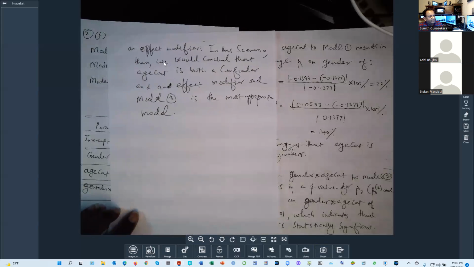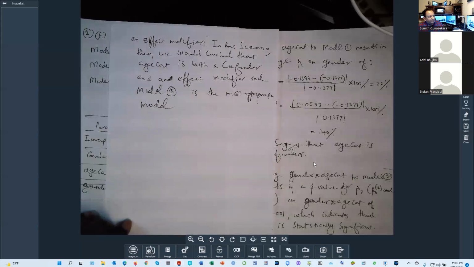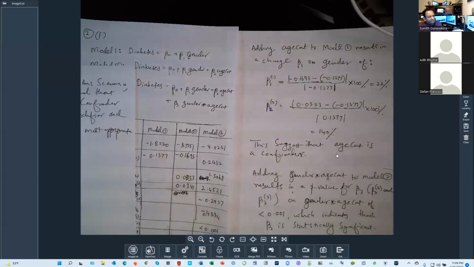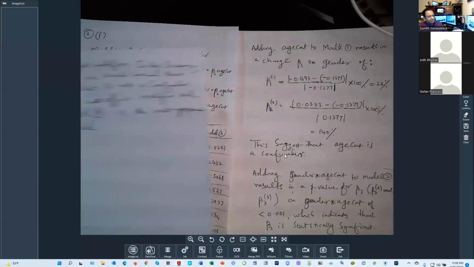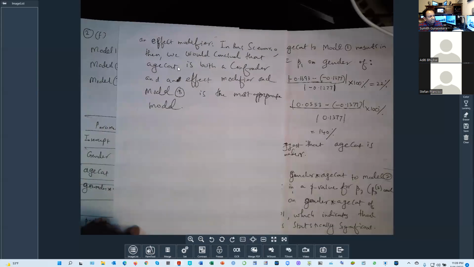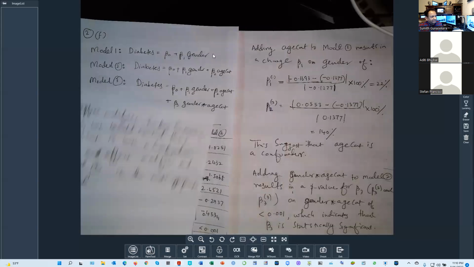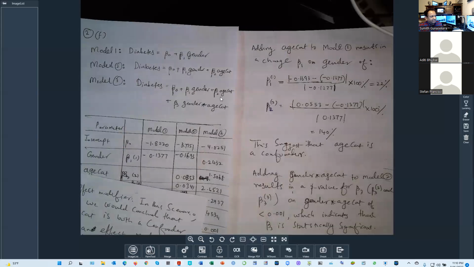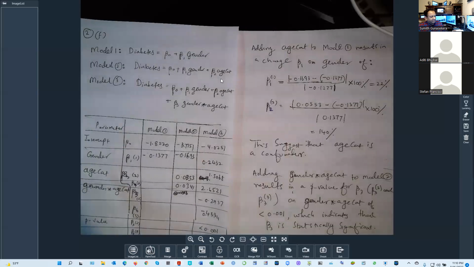Interaction means effect modifier. On top of that, we already found this is going to be a confounder too. So putting together both confounder and effect modifier in this model is the most appropriate model, because age cat acts as both. That's how we're going to check that.